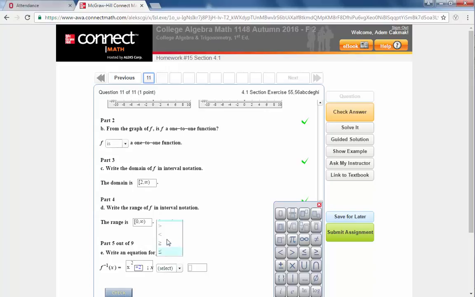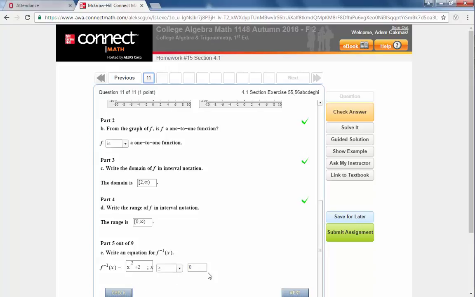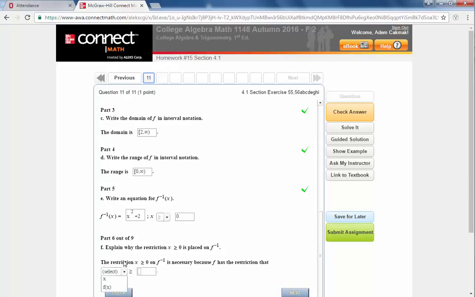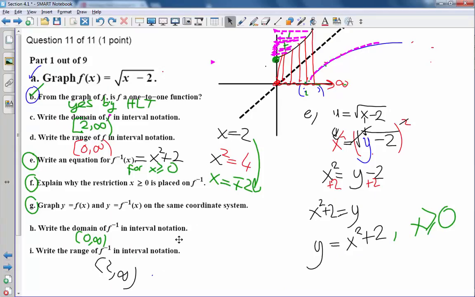But x must be picked more than 0, only on the positive side. Explain why this restriction was necessary here, because f of x values, actually, that piece, why we don't have the negative side here?